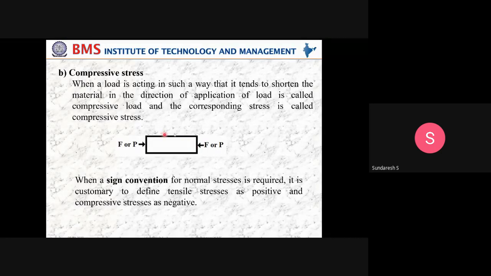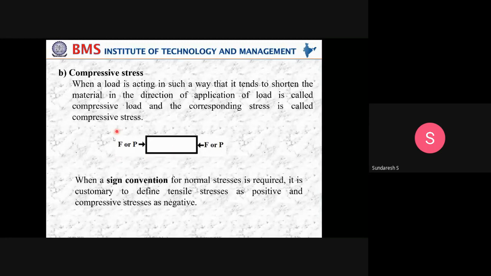The corresponding stress induced in the member is called compressive stress. Got it? The member under such loading is under compressive loading, right?